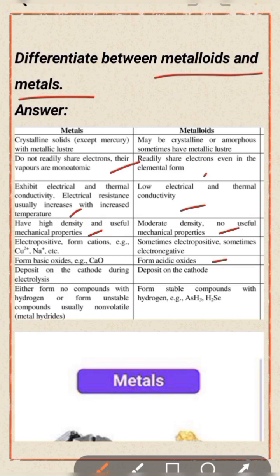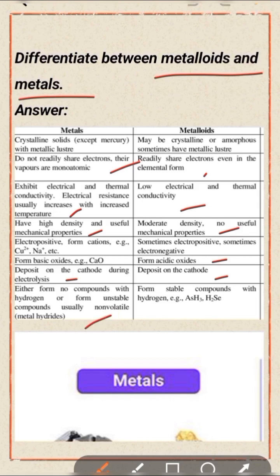Metals deposit on the cathode during electrolysis, but metalloids do not deposit on the cathode. Metals either form no compounds with hydrogen or form unstable compounds, usually non-volatile, that is metal hydrides.